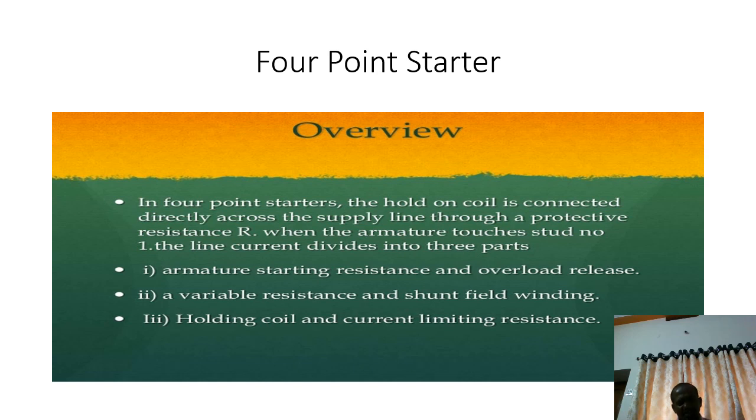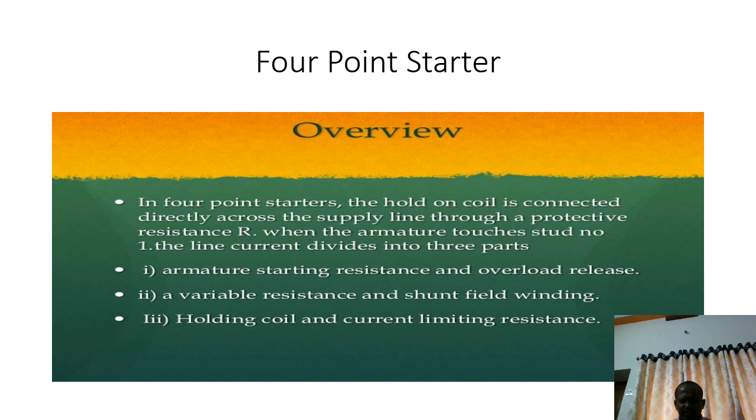Now, remembering once again about the 4-point starter. In 4-point starters, the hold-on coil is connected directly across the supply line through a protective resistance R. When the armature touches stud number 1, the line current divides into three parts.